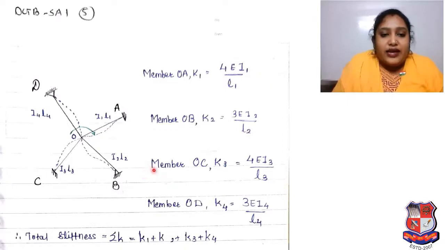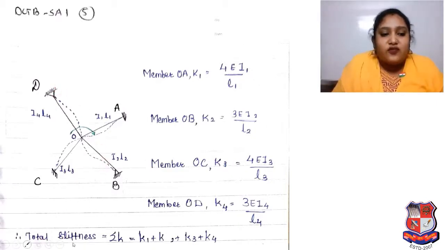Then for member OC, with a fixed end, the stiffness K3 will be 4EI3 upon L3. Again, this condition is there for member OD, so the stiffness K4 will be 3EI4 upon L4.